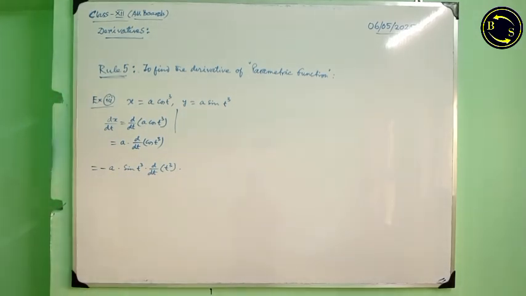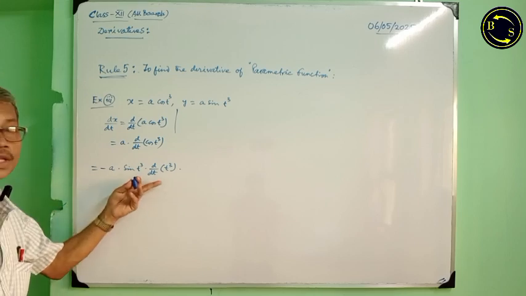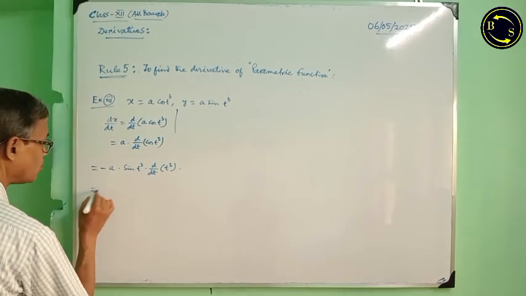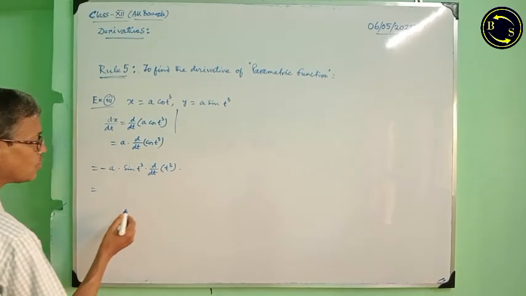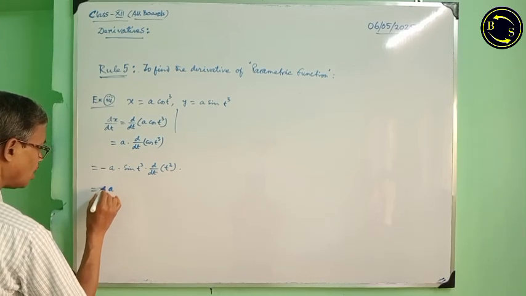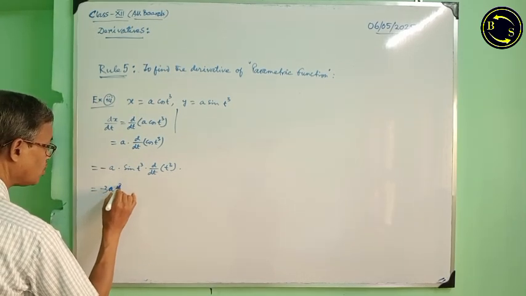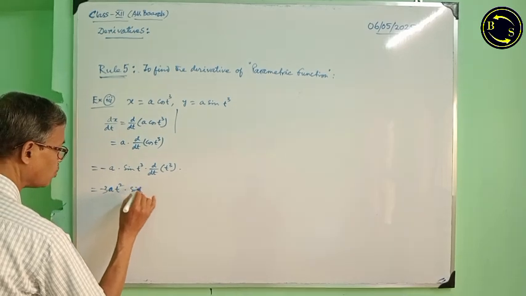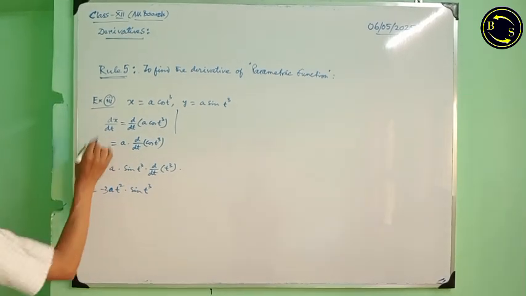Follow that step. Used chain rule. Therefore, derivative of t cube is 3t square, so I write minus 3a t square into sine t cube. This is dx dt.